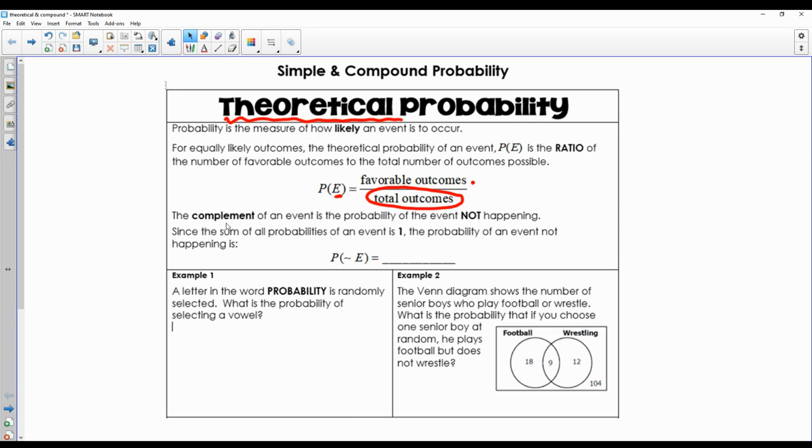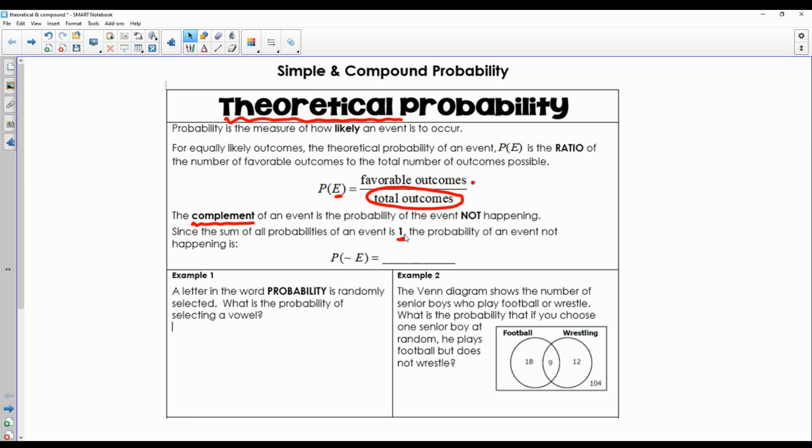All right, we'll go into that a little bit more with some of these examples as we go on. The complement, there's one of the questions on your homework that asks you for the complement. That is just the probability of an event not happening. Now, what you have to remember is if it is for sure that your event's going to happen, your probability is 1 or 100%. Sometimes we move the decimal over and call it a percent. But the probability is always going to be 1 if that's what's going to happen.